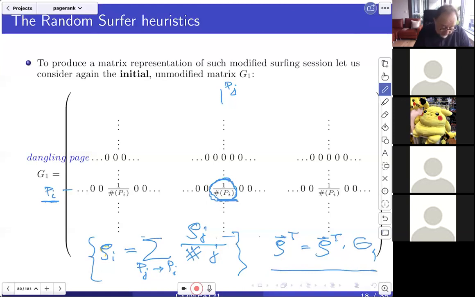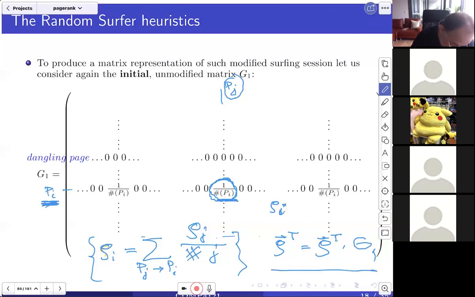If rho i is the probability to be at the web page pi, then the probability to end up at pj from that page will be precisely rho i divided by the number of outgoing links.